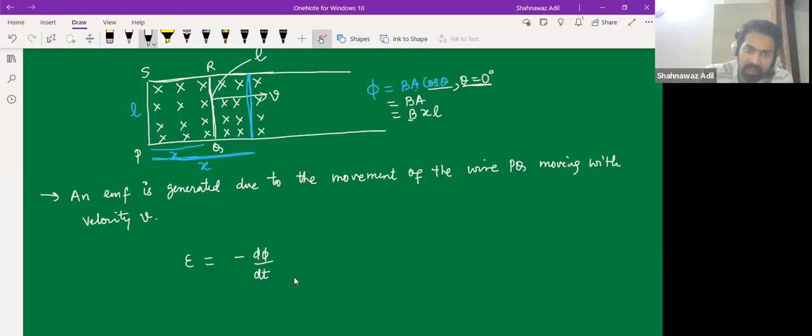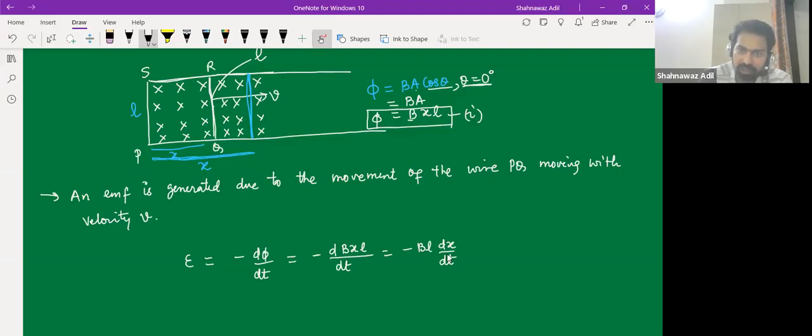So if I put the value of flux from here to here, what will I get? I'll get minus of d of BxL by dt. But I know that B and L are constant, so I can take them outside. So I will get minus BL dx by dt, right? So dx by dt is what?